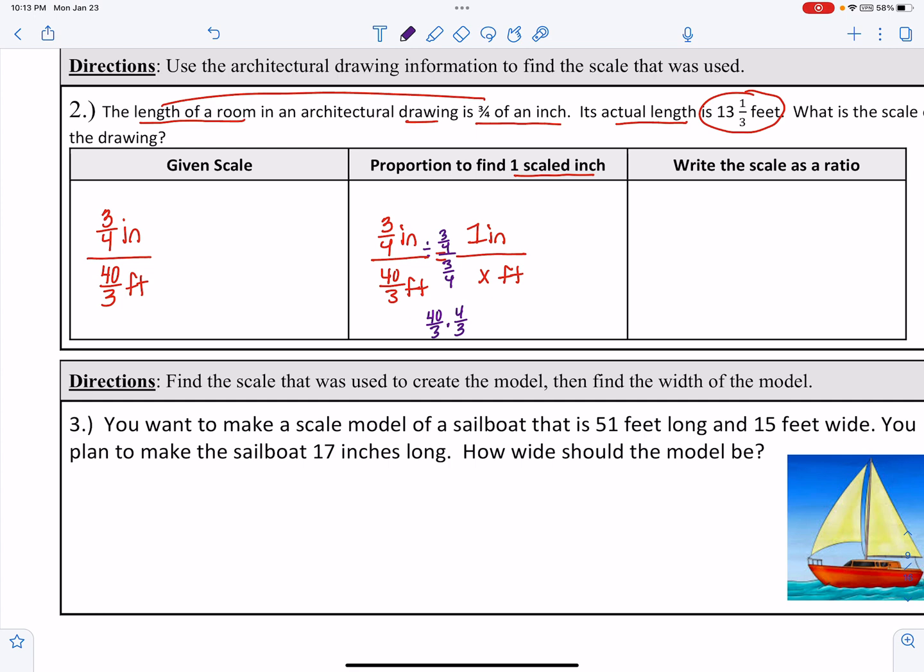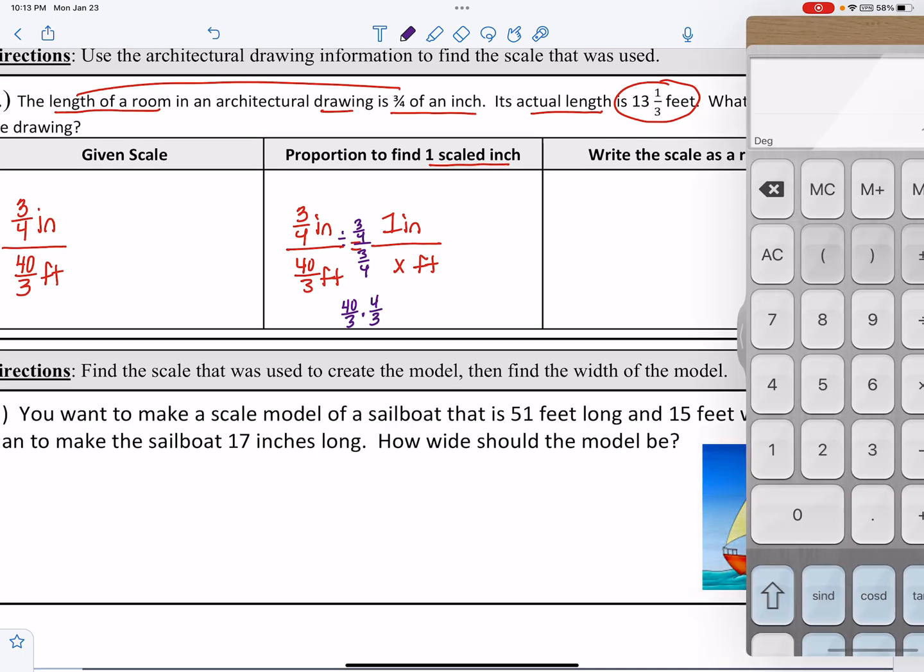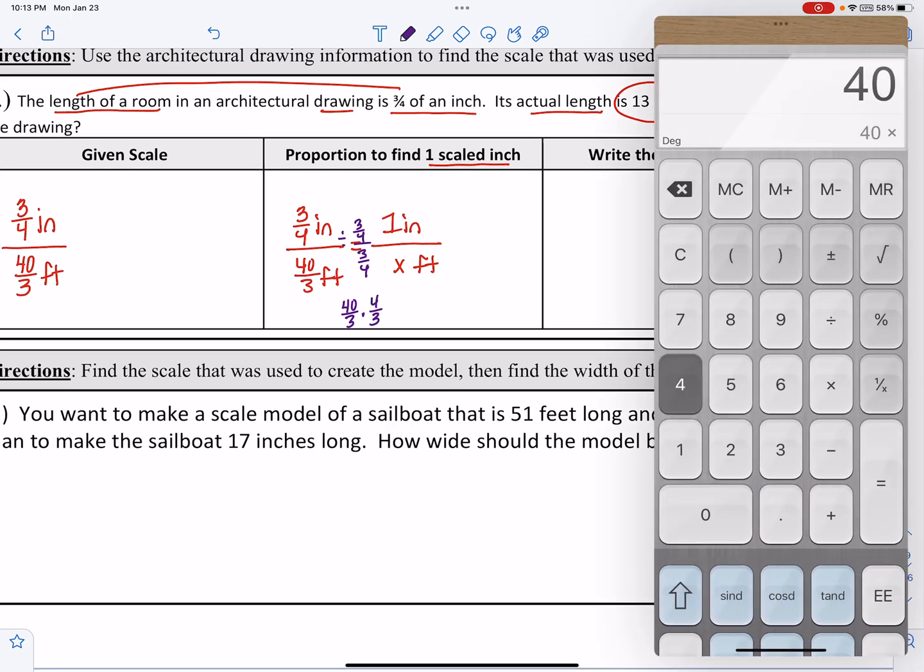So we end up with 40 times 4, which is 160, and then 3 times 3 is 9. So we have 160/9 for this. I want to change that into a mixed number, just because we wouldn't normally talk like that.